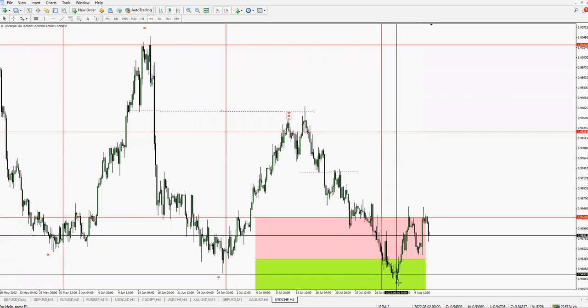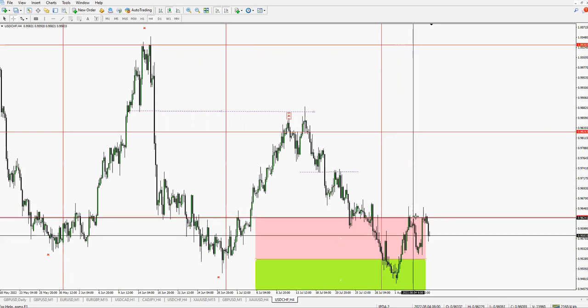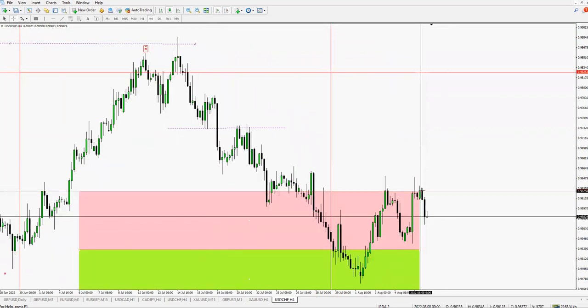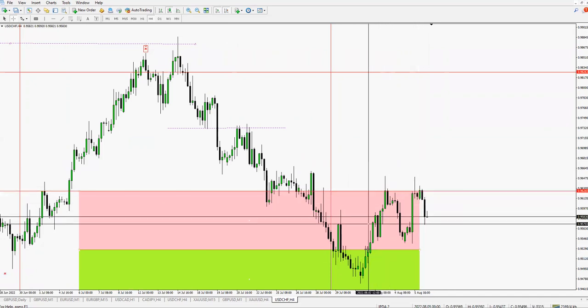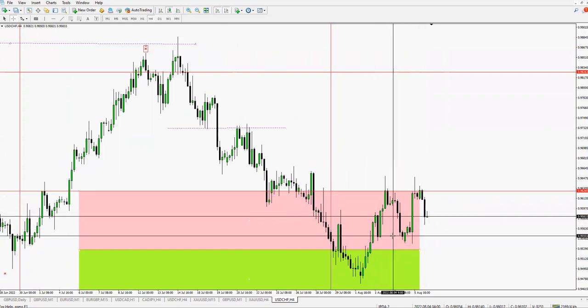And you can see that when it left the discount, it traded right up into the premium over here and paused right there. And for now, you can actually zoom in there. We can't really count this because it sort of just closed at this point over here. So we would still be using this array over here as a discount and premium array.